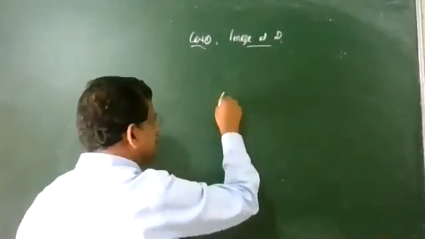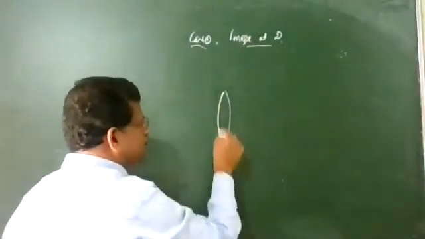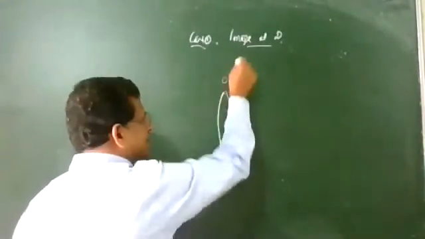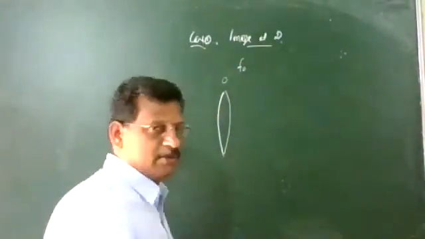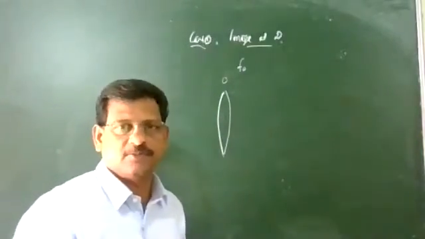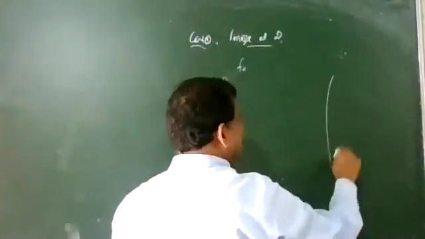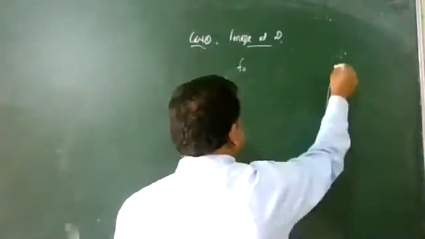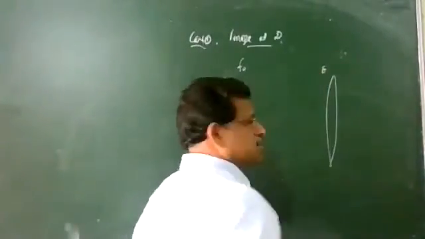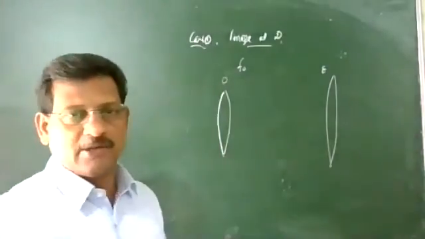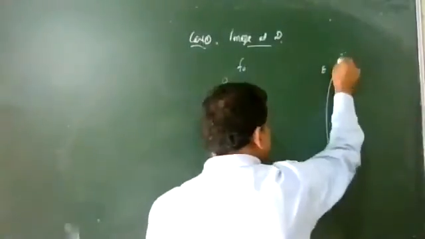Two lenses: one has a short focal length, we call it the objective lens, with focal length f0, and it faces the object. The second one is the eye lens, which is bigger with a larger aperture and moderate focal length.